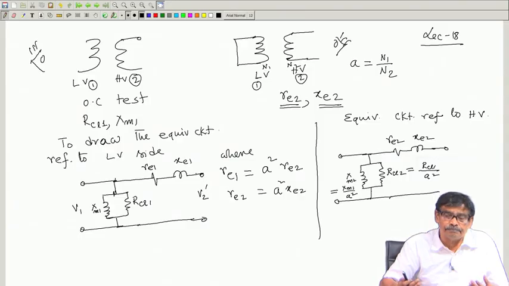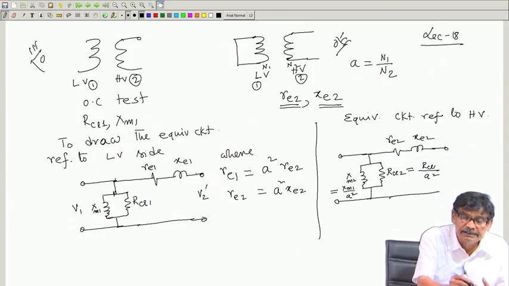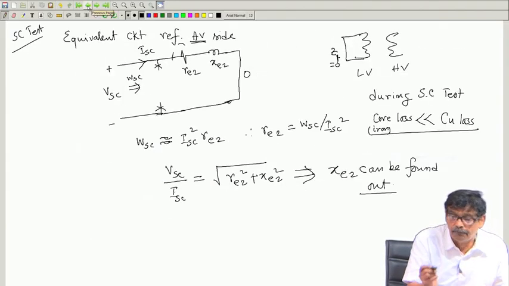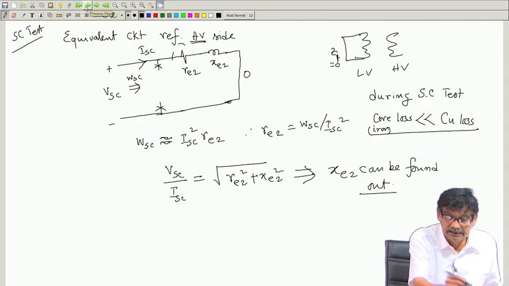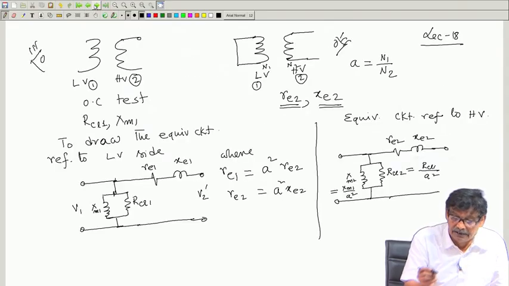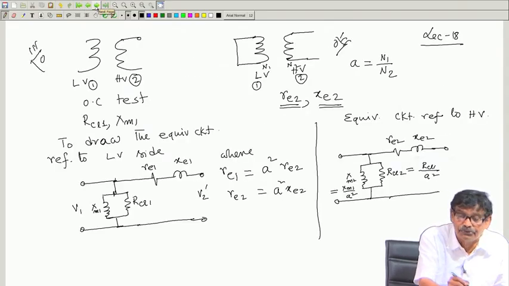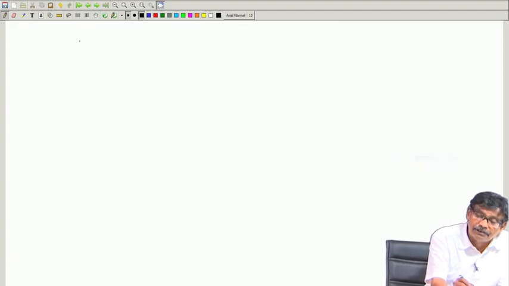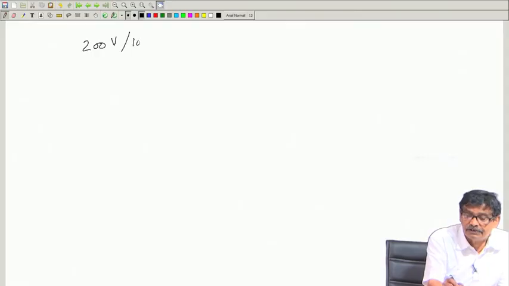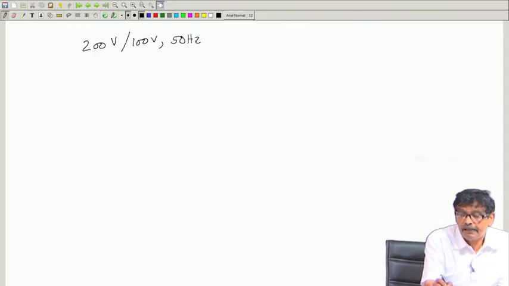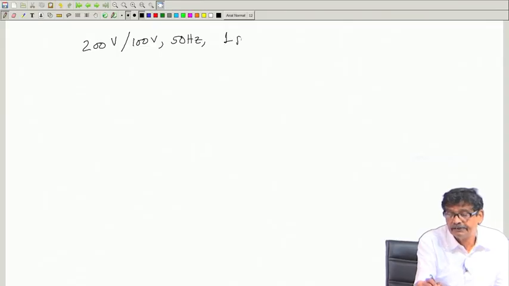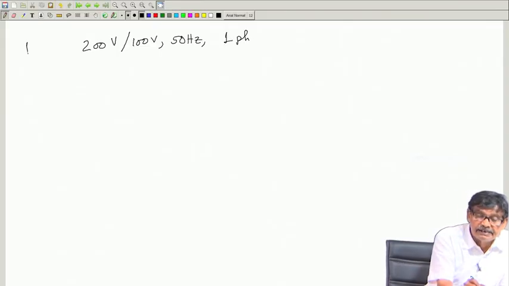I mean, for example, in this transformer, the rating of the transformer, I chose to clarify some of the points. Suppose the rating of the transformer is 200 volt stroke 100 volt, 50 hertz, single phase, and kVA rating is 1 kVA.